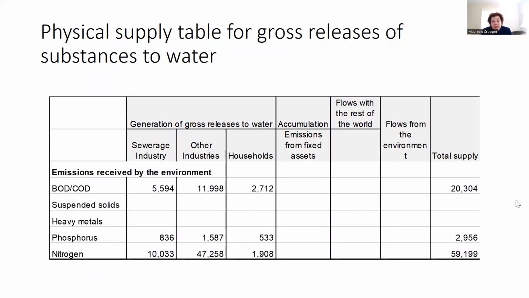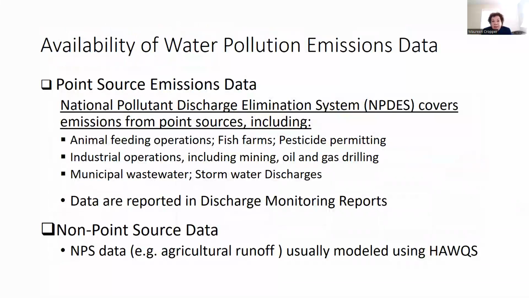The question is, do the data exist to populate tables like this? So in terms of point source emission data, the National Pollutant Discharge Elimination System, NPDES, covers emissions from point sources, including animal feeding operations, fish farms, industrial operations, as the slide said, mining, oil and gas drilling, stormwater discharges, and so forth.